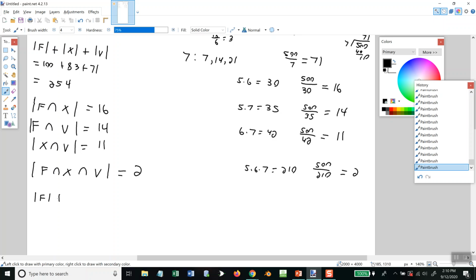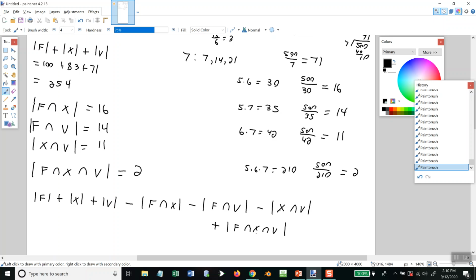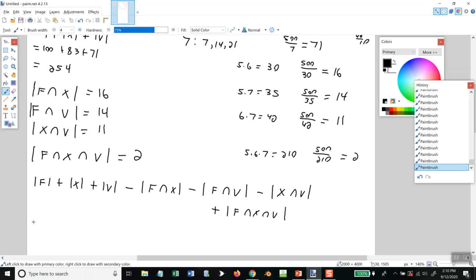We take the cardinality of F plus the cardinality of X plus the cardinality of V, minus the cardinality of the intersection of F and X, minus the cardinality of the intersection of F and V, minus the cardinality of the intersection of X and V, then plus, not minus, because we have to add that back on, the cardinality of F and X and V. Well, this is 100 plus 83 plus 71 minus 16 minus 14 minus 11 plus 2.